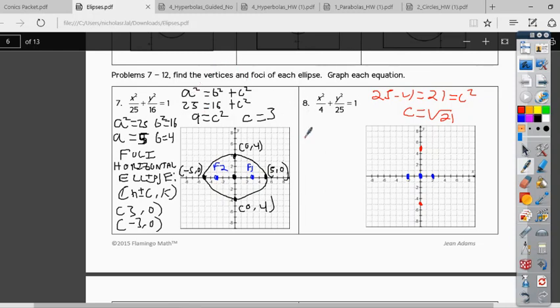So our foci are at 0, root 21, and 0, negative square root of 21.